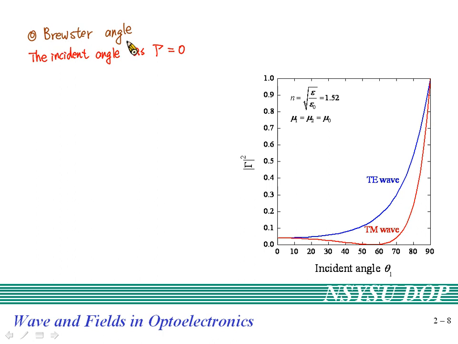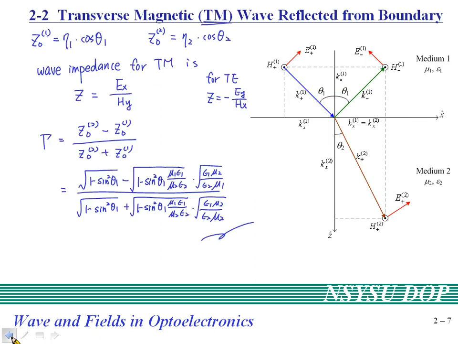But now, let's check if the TM wave has the Brewster angle. To have the reflection coefficient gamma to be 0 for TM wave, let's go back to the previous slide here. The reflection coefficient for TM is defined here. To have the gamma to be 0, we must make this part to be 0, right?